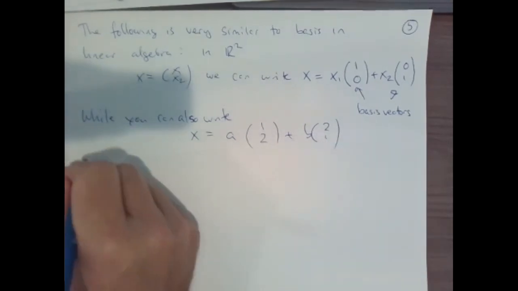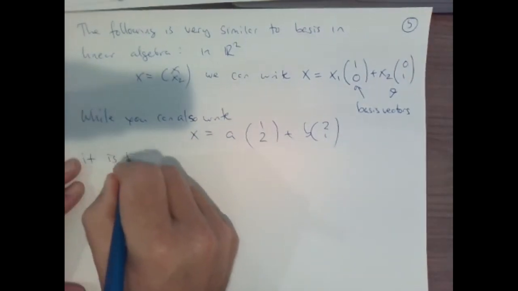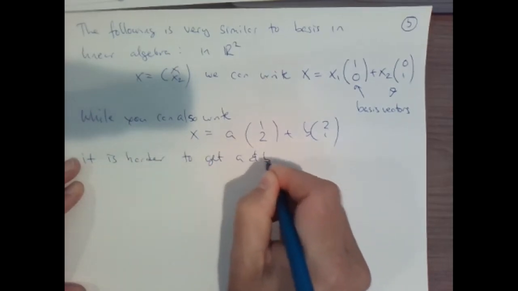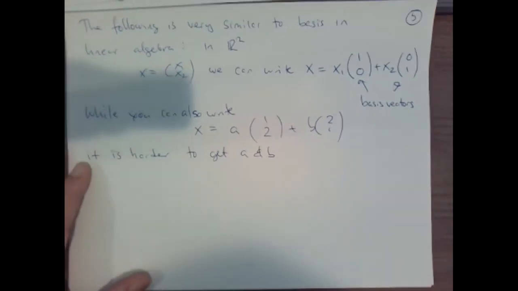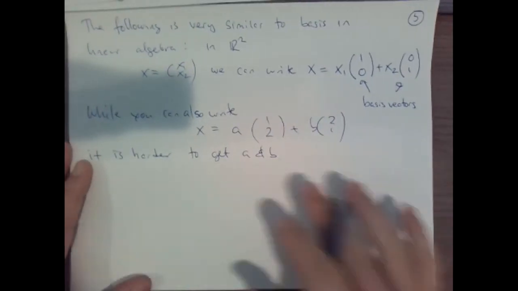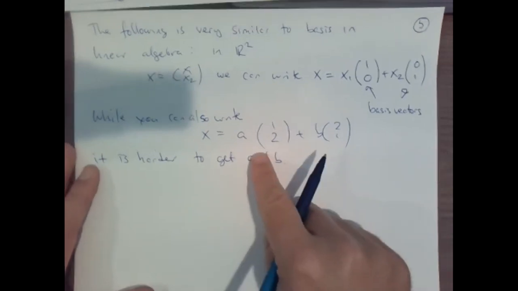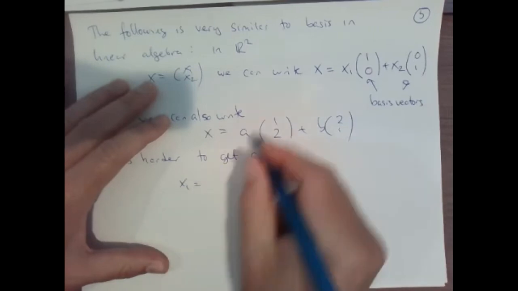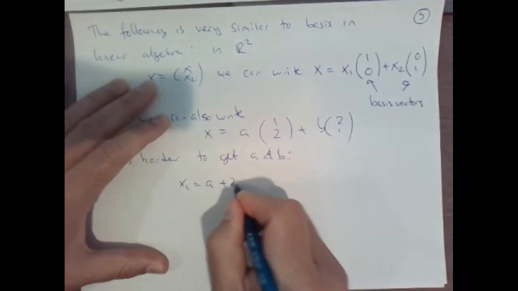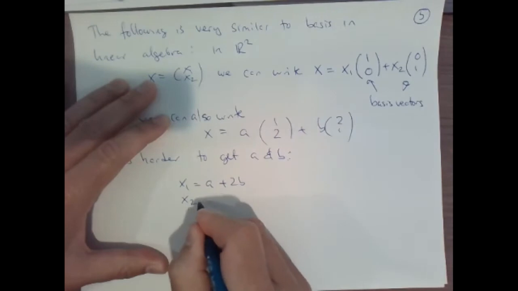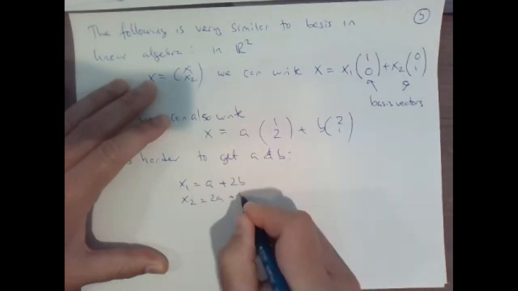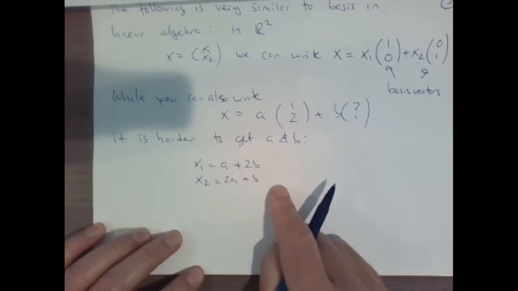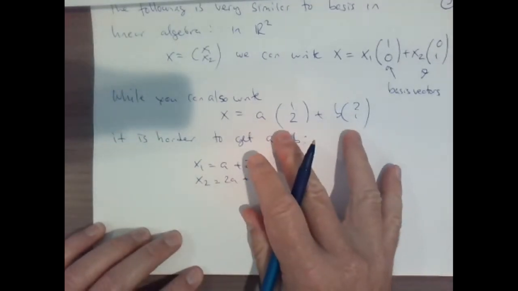You can do it, but you would have to solve a linear system of equations. You would say that x1 is a plus 2b, and x2 is 2a plus b. Then you solve these for a and b, and this will give you these two coefficients.